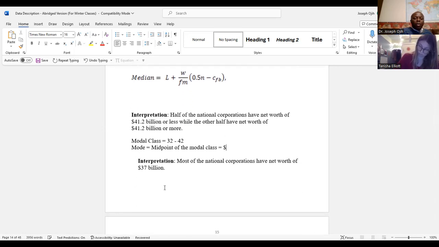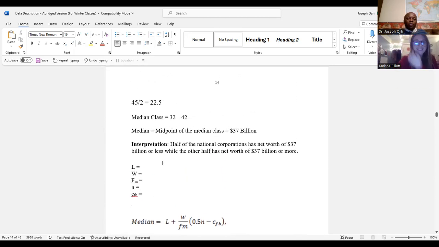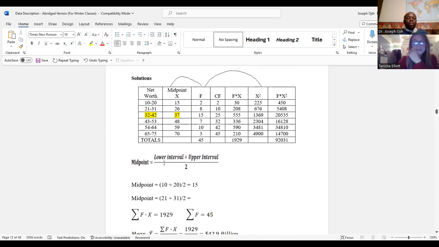That means the majority of the corporations have a net worth of 37 billion. I hope you see the interpretation here. Most of the corporations have a net worth of 37 billion. Now, I want you to know this. The median and mode here are the same. This is a coincidence. It is not always the case. It's just a coincidence.